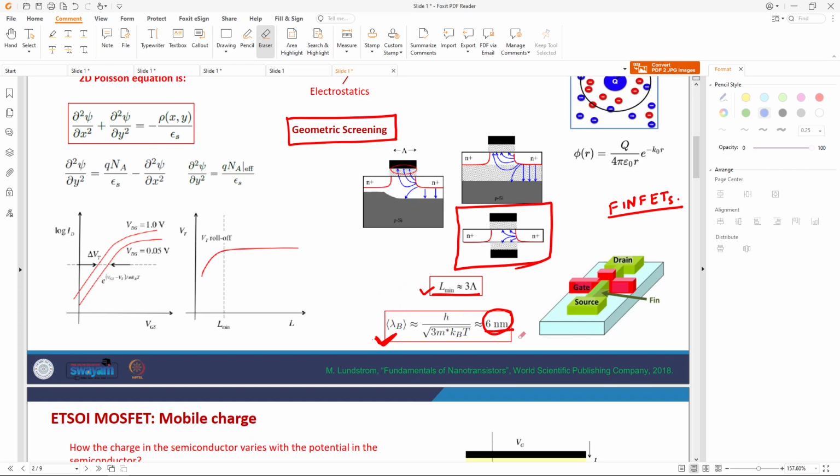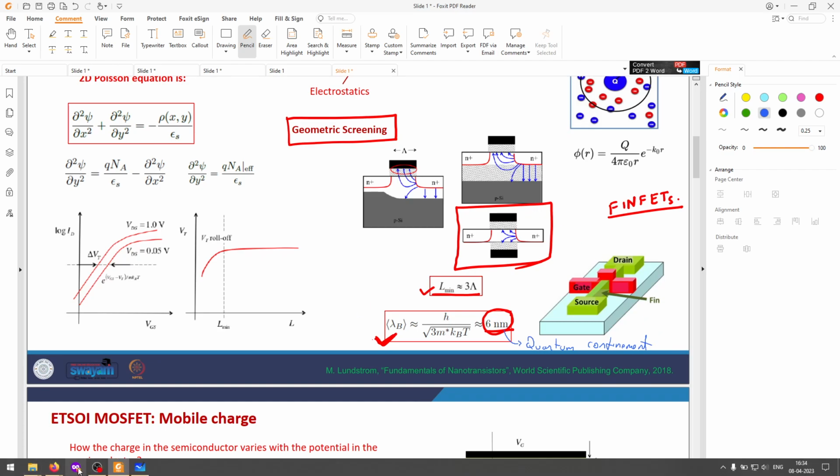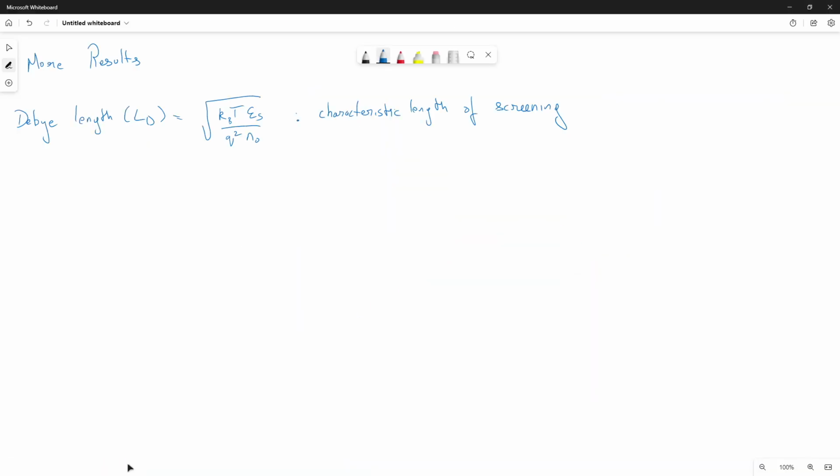At 6 nanometers, quantum confinement is significant. Let me write this result also. So this is the thermal de Broglie length.